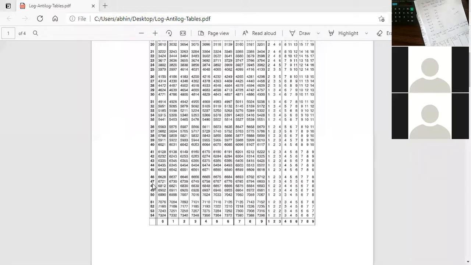Next, the log value for 47 is 1.6721. Correct?